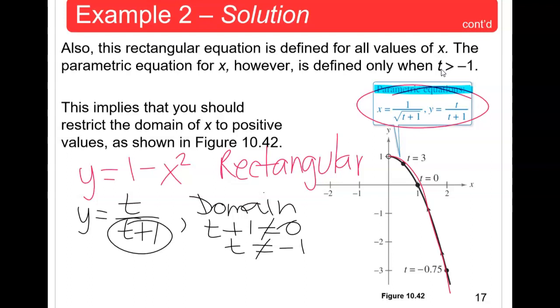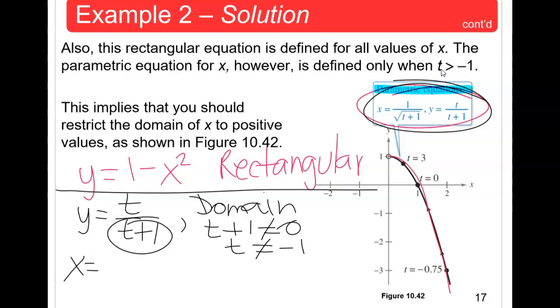Okay. So that helps, but now what about the other parametric equation? Because we have two. So if we take x equals 1 over the square root of t plus 1, to find the domain in this type of equations the correct thing to do is to take, in fact not the denominator, but the radicand.